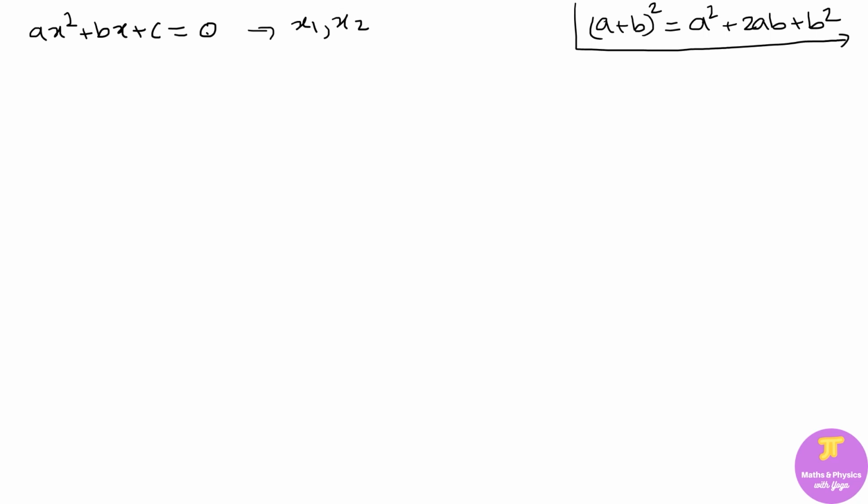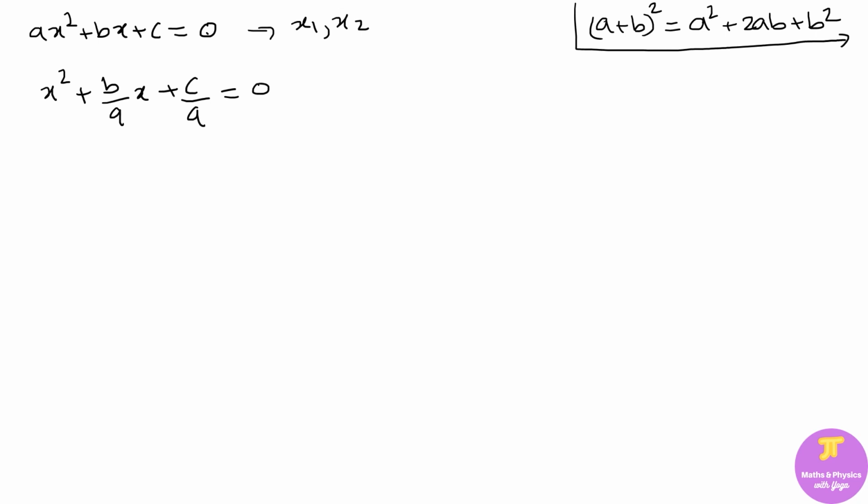In order to find this solution, what we will do is divide everything by a, right? So if we divide everything by a, this is going to be x squared plus b over a x plus c over a equal to 0 divided by a.